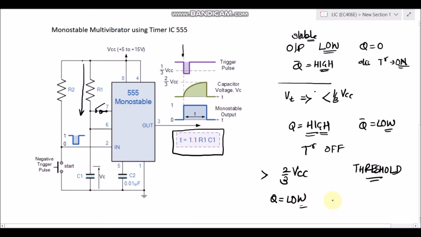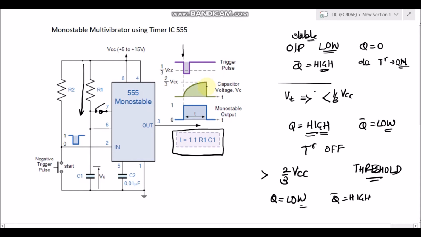As the output becomes low, Q bar will be high, the internal discharge transistor will be on, and we can see from pin 7 there is no resistor path. So this capacitor will be discharged instantaneously. At that instant it will discharge totally. A very finite time it will take to discharge, but it will be infinitesimally small.